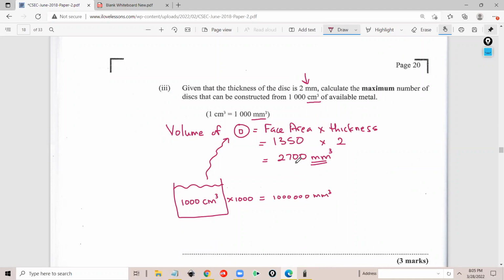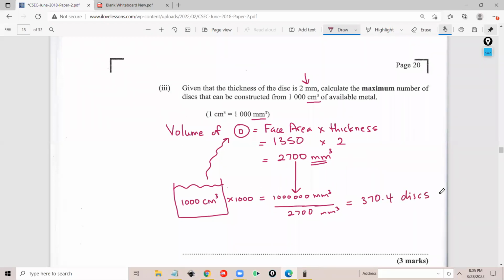So we just need to figure out how much of this could fit in that. To figure out how much you can make, you just divide them. So you're just going to take the 1,000,000 and figure out how much 2,700 could fit inside of it. When you divide it, you'll get 370.4 discs.